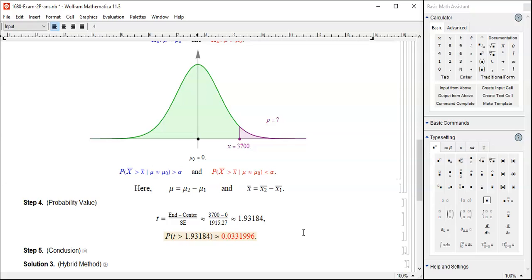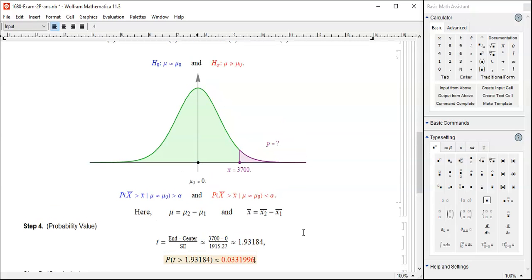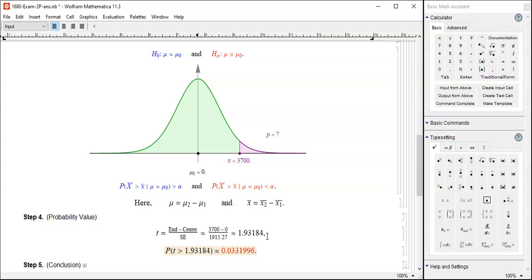Now the hard part. What does that mean? That means the conditional probability that, while null is right, but t is so great, so by some rotten luck, the observed mean difference is so large, at least 3,700, is 0.033.